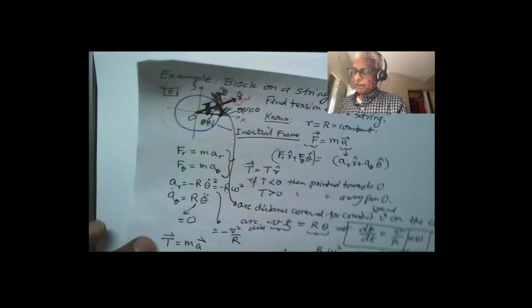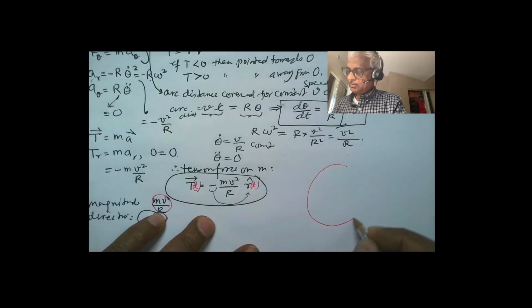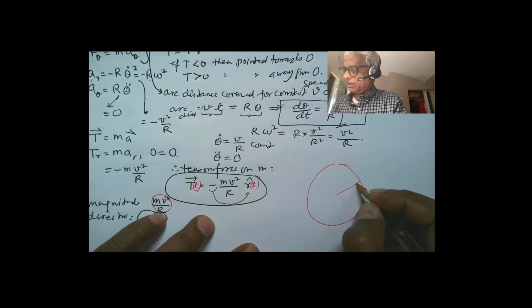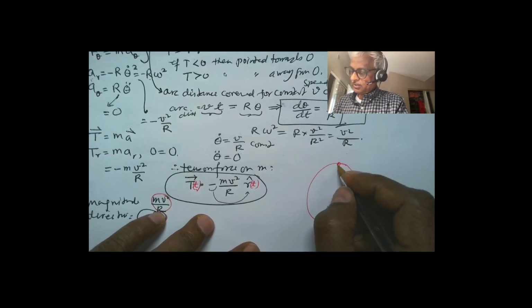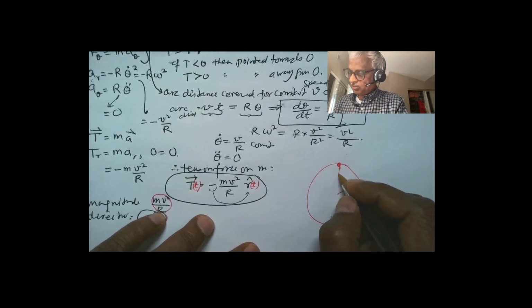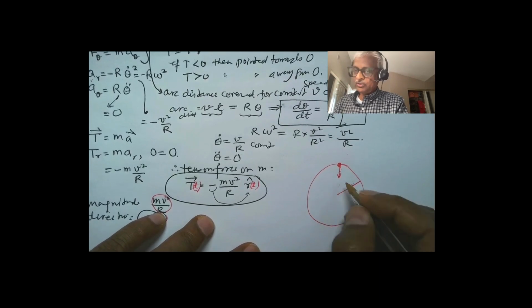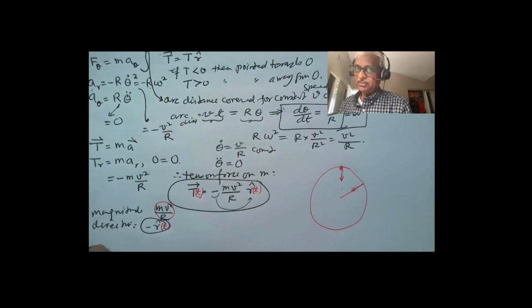So if you look at a certain time t, tension is pointed that way. When the object is over there, tension is pointed that way. So the tension direction is changing, although the magnitude is the same. So this is actually a variable tension.